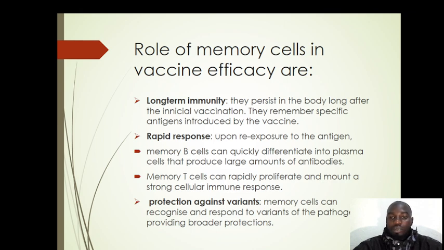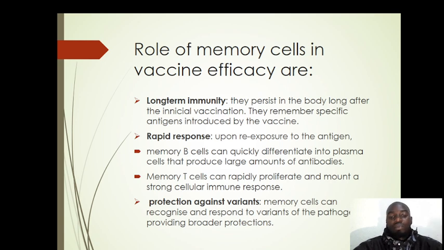By rapid response, when the body is exposed to the antigen, memory B cells quickly differentiate into plasma cells that produce large amounts of antibodies, and T cells at the same time proliferate and mount a strong cellular immune response.